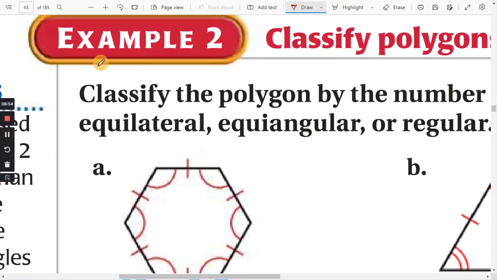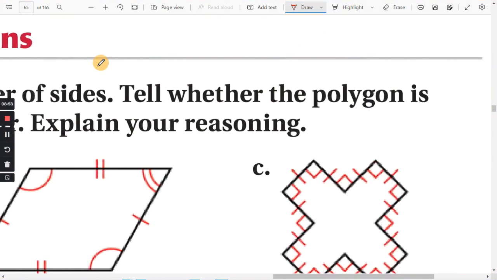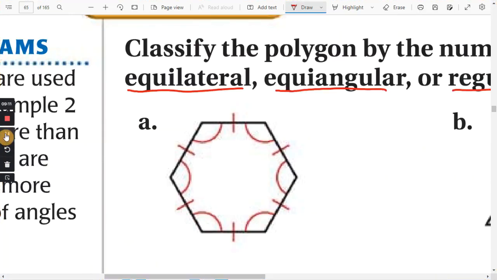Okay, let's try example 2. Classify the polygon by the number of sides and tell whether it is equilateral, equiangular, or regular, which means it's both of these. Okay, try part A real quick. All right, counting the sides, I see 1, 2, 3, 4, 5, 6. Okay, that's 6 sides.